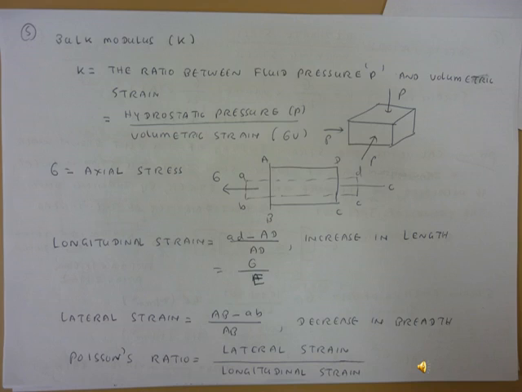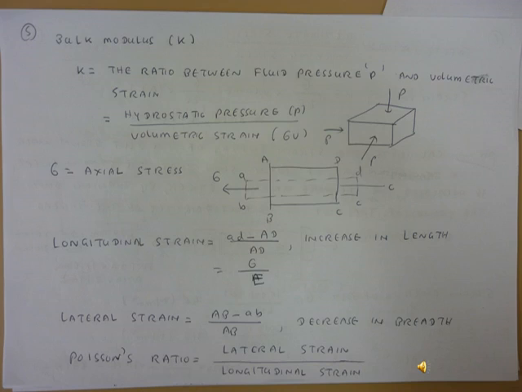And lateral strain can also be calculated. Lateral strain means the force is acting on ABCD, the force is a tensional force, and the original diameter capital A and capital B will become smaller, to small a and small b.